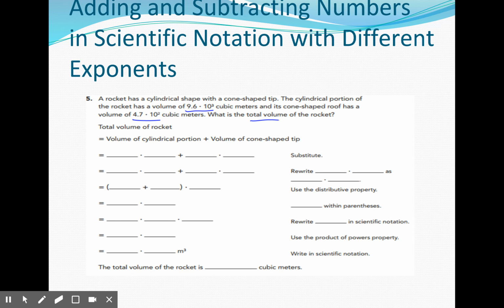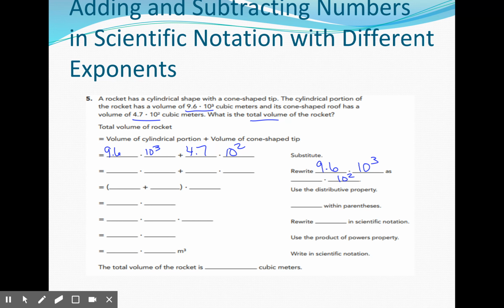So that tells me I'm going to add 9.6 times 10 cubed plus 4.7 times 10 squared. So I want to change 9.6 times 10 cubed into something times 10 squared.